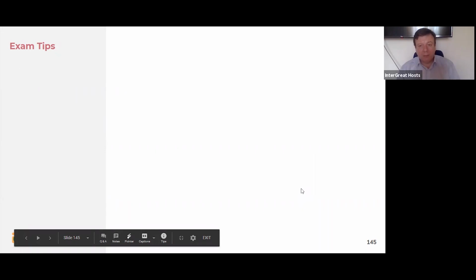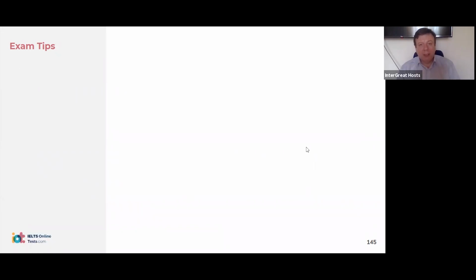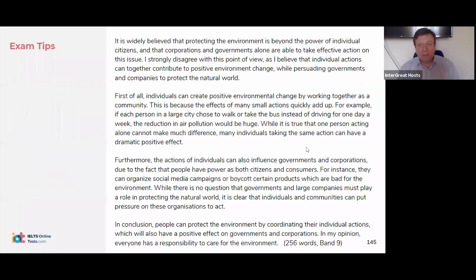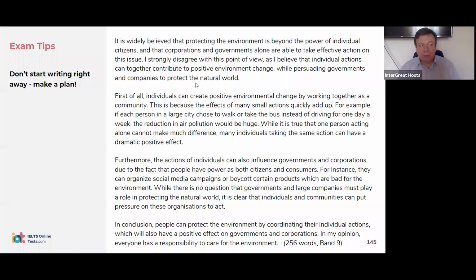Right, so let's have a look. There's the essay in full. So don't start writing straight away. Make sure you have a plan when you're writing. Very important. And then you don't have to count your words.